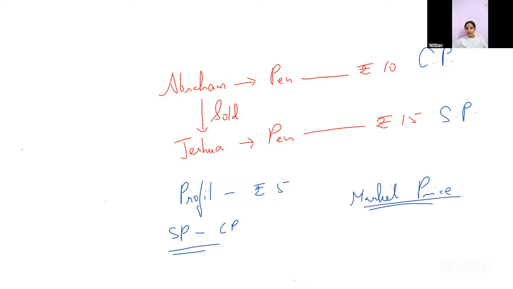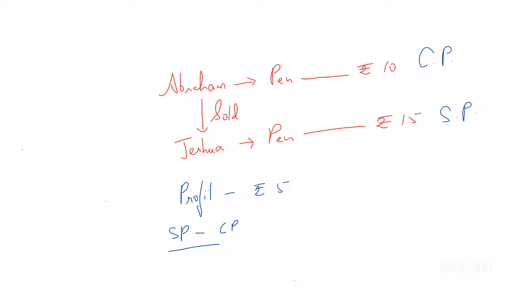Your competitors' prices: what is the price of another seller who is selling pens? Your competitors' prices, the market price, the economic condition, all of these are considered before you fix the selling price of your product. Understood?